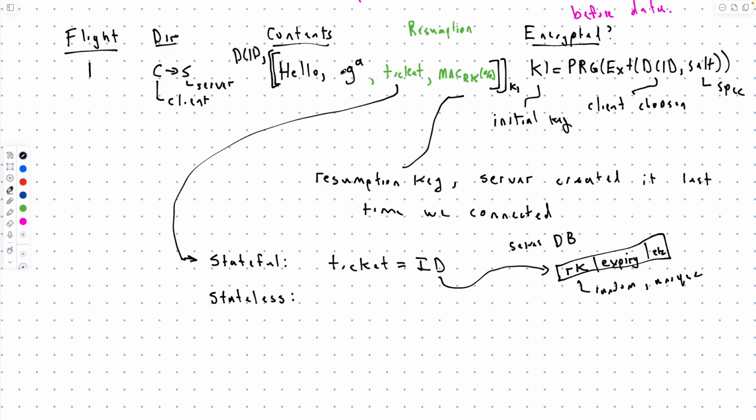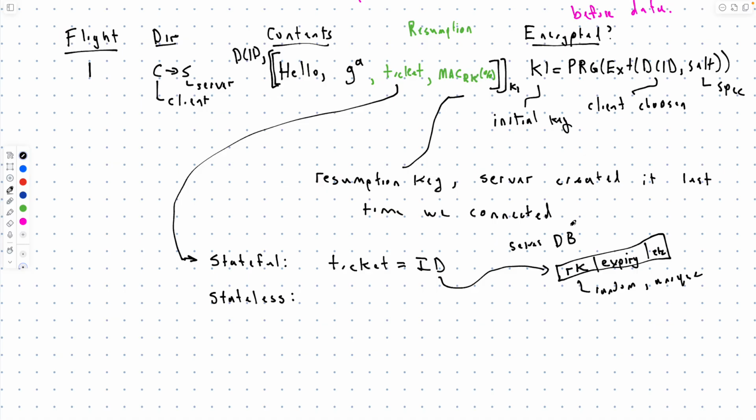Normally, with passwords, if I want to prove that I know a password, I just tell you what the password is. Here, I'm going to prove to you that I know this RK value, but putting this value in the packet does not reveal any information about RK itself.